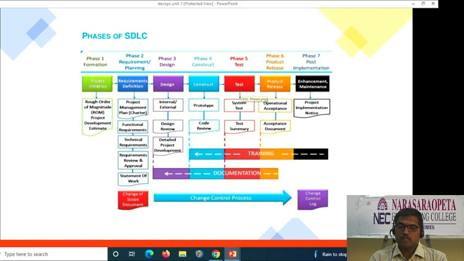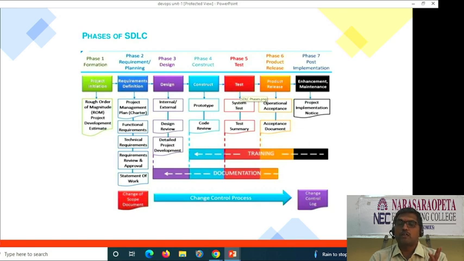If there is any change in the scope, it goes with the documentation. Then the software requirement specification, SRS, is prepared, and then you develop from it.